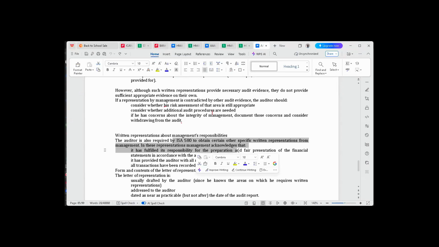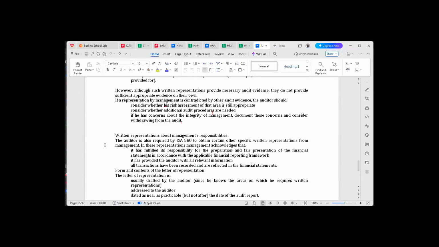What they are saying here is that one of the objectives is to confirm that as far as this engagement is concerned, we have provided the auditor with all necessary information.